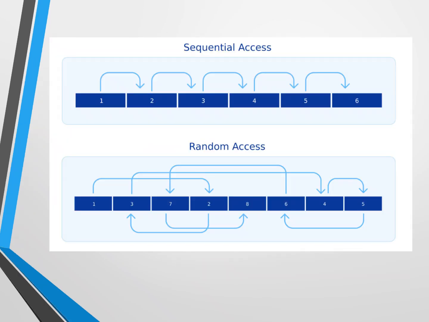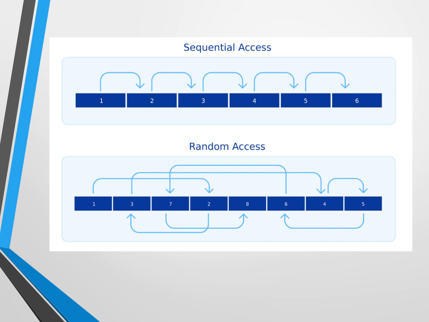So let's go through the sequential access and random access. Sequential access is when the data will be fetched from memory in a sequence, as shown in the first picture. Random access is accessing the data in a random manner, which is also shown in the image.